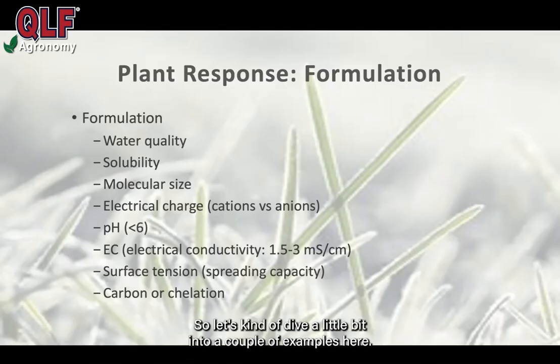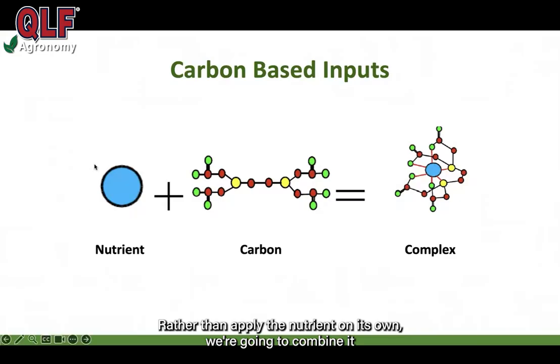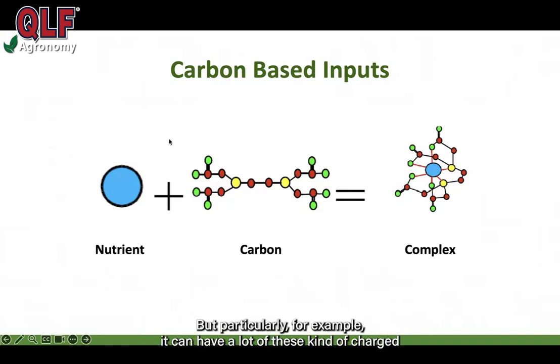So let's dive a little bit into a couple of examples here. When I say carbon-based inputs, the idea is visually represented really nicely in this slide here. Rather than apply the nutrient on its own, we're going to combine it with a carbon source, and that carbon source has all sorts of various properties and benefits, but particularly it can have a lot of these charged sites and surfaces, and that can bind to or chelate or complex the nutrient, so wrap up the nutrient.